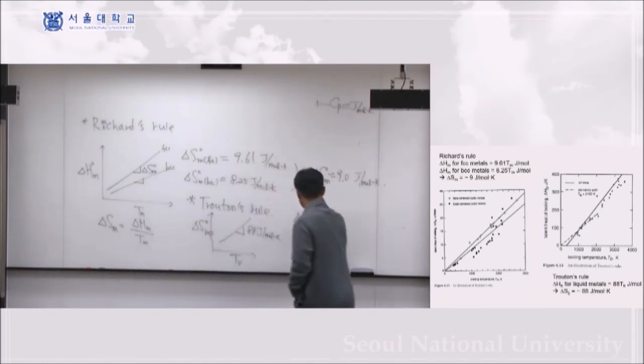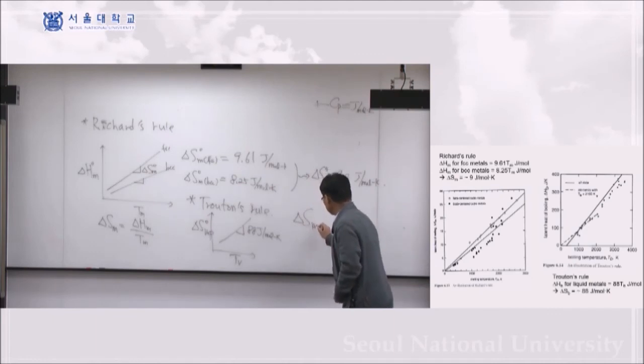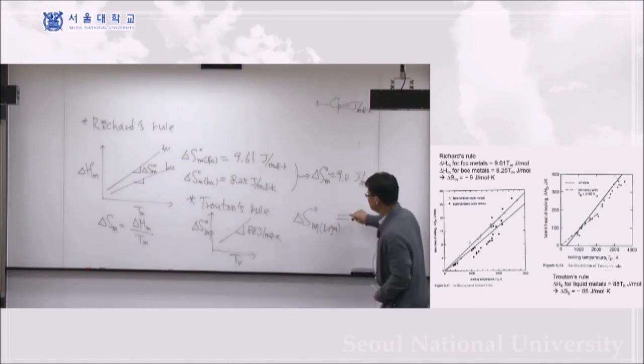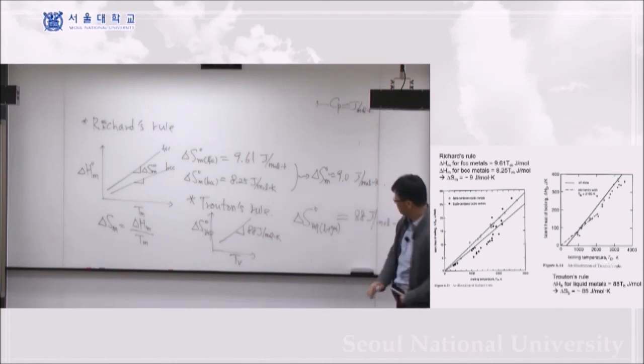So delta S of vaporization, so basically liquid becomes gas phase, it's about 88. Oh, delta H, sorry.